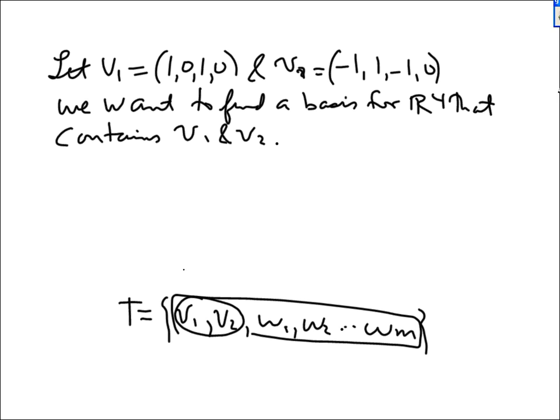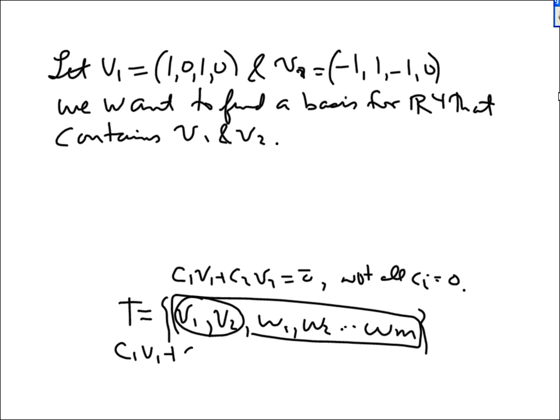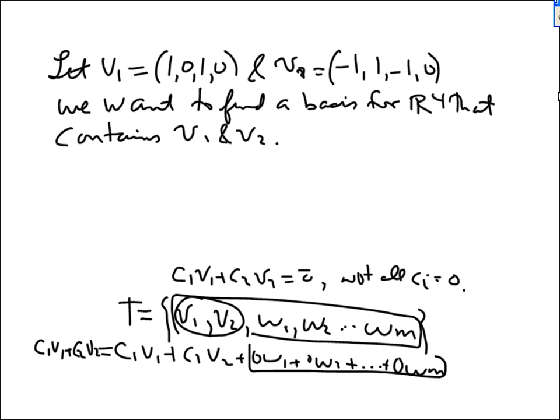V1 and V2 are dependent if C1V1 plus C2V2 equals the zero vector and not all the Ci's are 0. Adding 0 for the W's still just equals C1V1 plus C2V2. This equals the zero vector, and not all these scalars are zero. A lot of them are, but at least one is not.